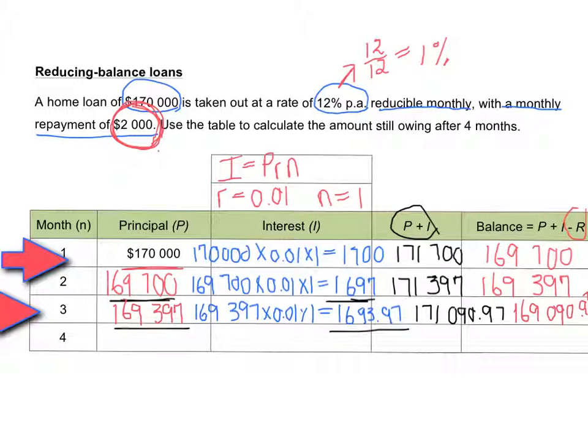Once again, whatever is outstanding at the end of month 3 will be what I take to the beginning of month 4. $169,090.97.